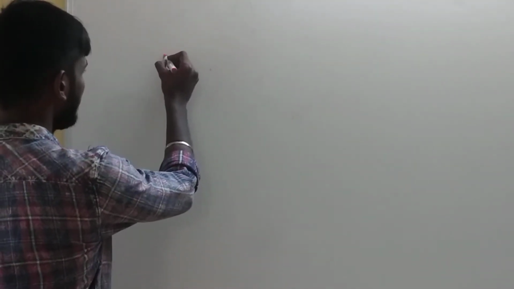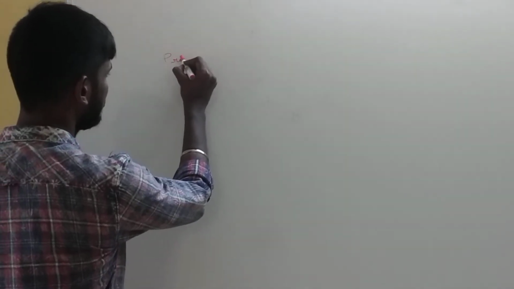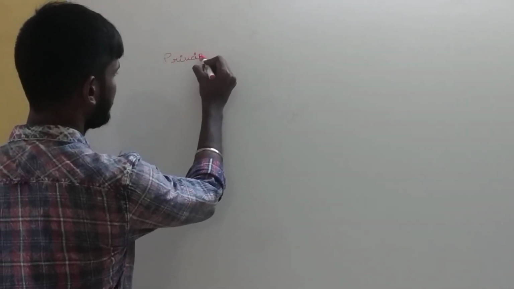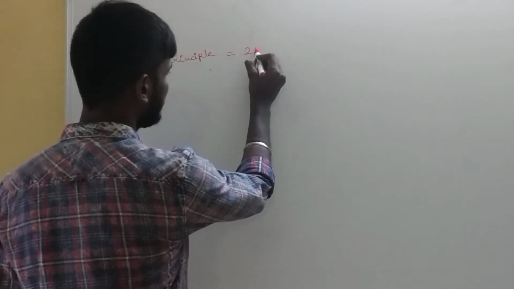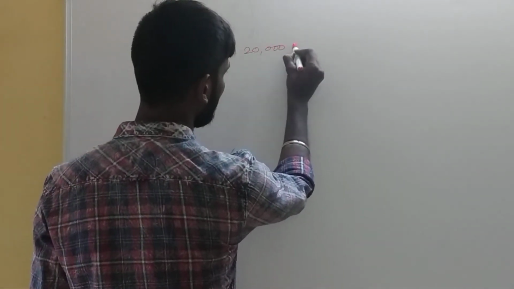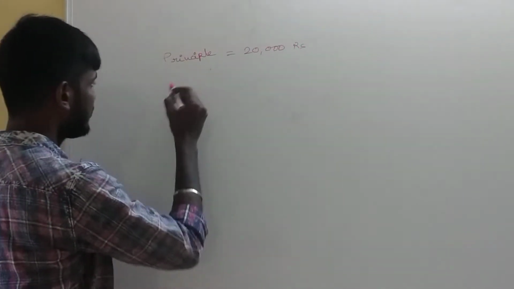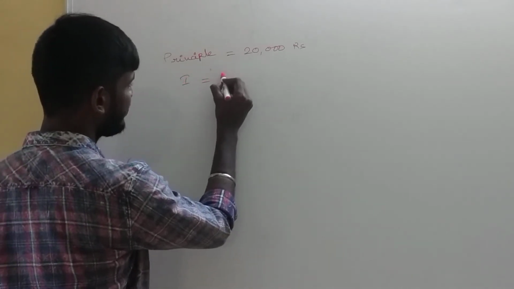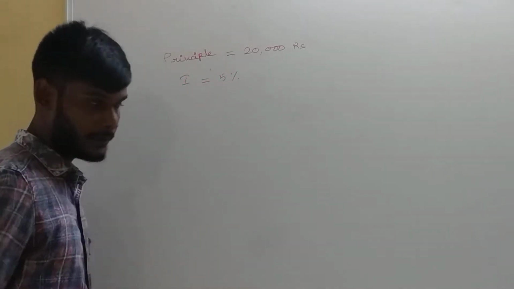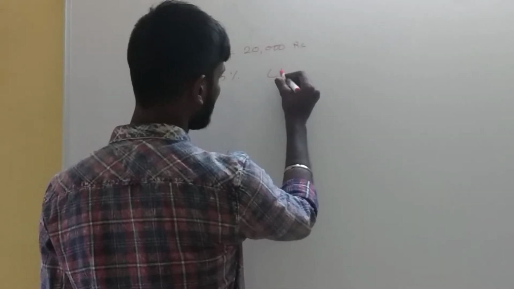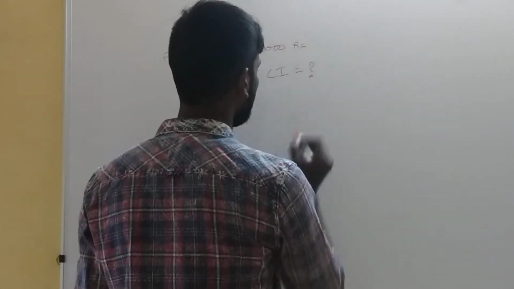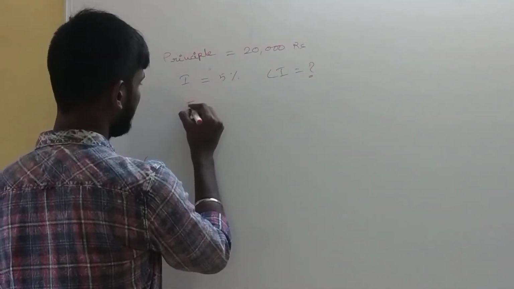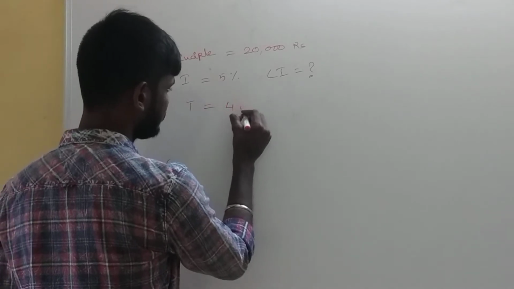That is, a principal of 20,000 rupees is given to me. Okay, and the interest rate is given as 5%. Okay, and I have to find compound interest on it, after a given time period of 4 years.